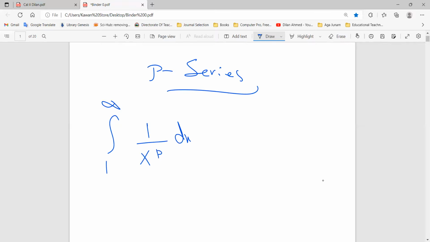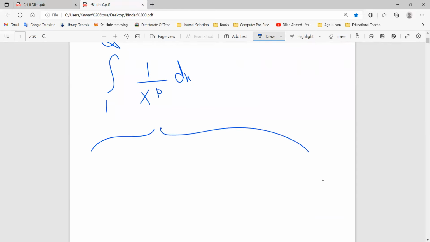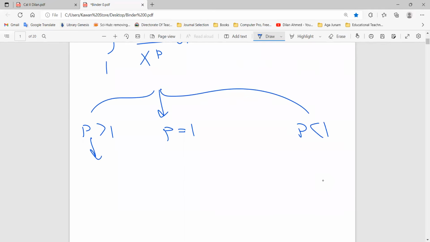And we call that the x^p example. Do you remember that? We have three cases: P greater than 1, P equal to 1, P less than 1. In that case, we get converge, diverge, diverge. Do you remember that?